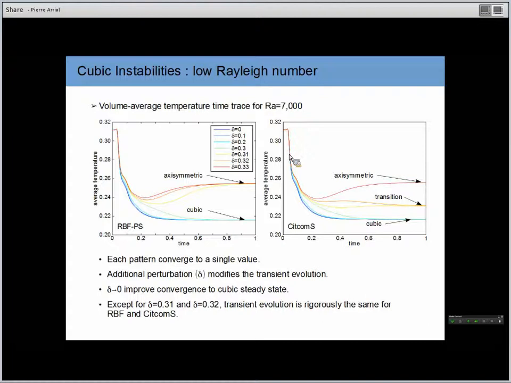The second code is called RBF in this presentation. RBF means radial basis functions. It is a pseudo-spectral code developed by Grady Wright and Natasha Flyer. If you want more information about the mathematical background, you can see the G-cubed paper.